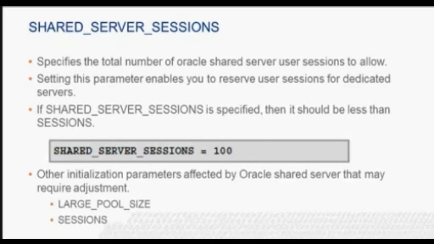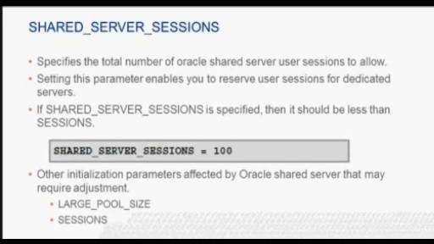Using the large pool instead of the shared pool decreases fragmentation of the shared pool. To store shared server related UGA in the large pool, specify a value for the initialization parameter large_pool_size. To see in which pool the memory for an object resides, see the pool column in v$sgastat.